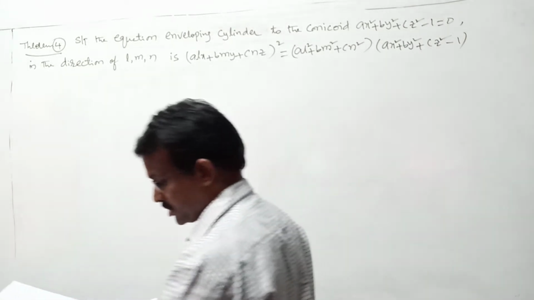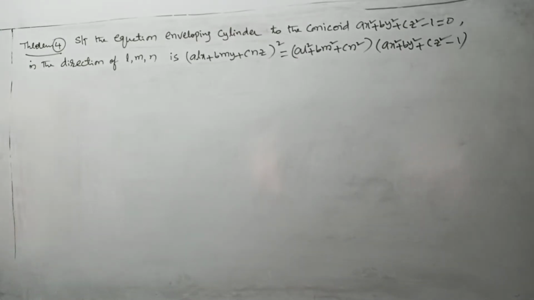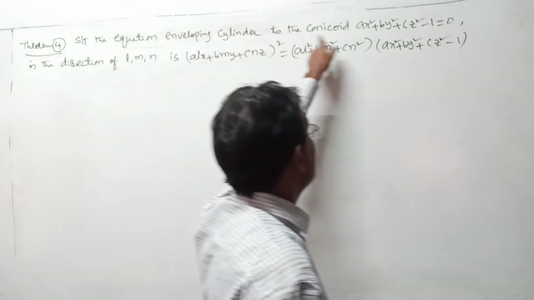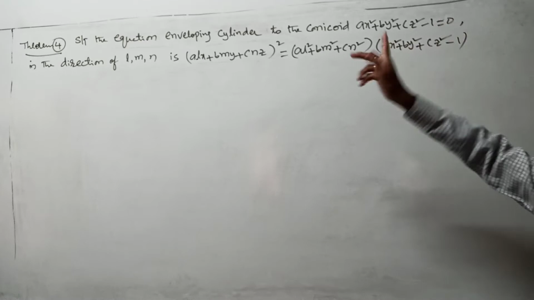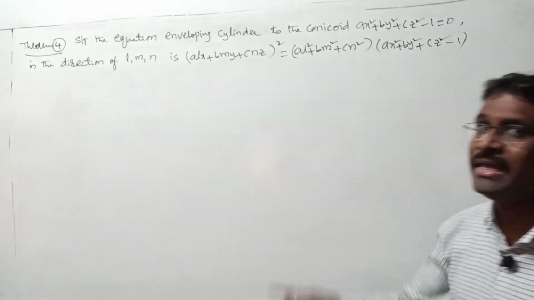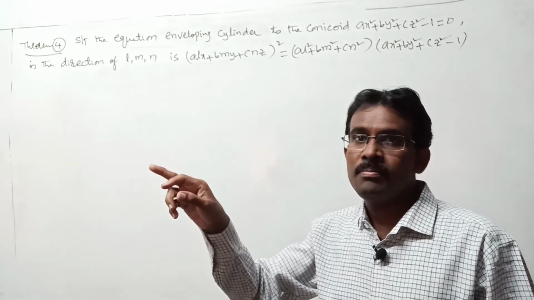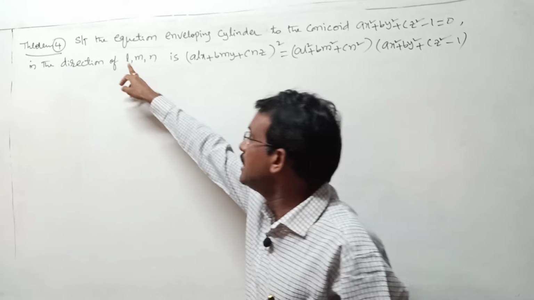This is your statement. In the direction of l, m, n means the parallel tangent lines have direction ratios l, m, n.